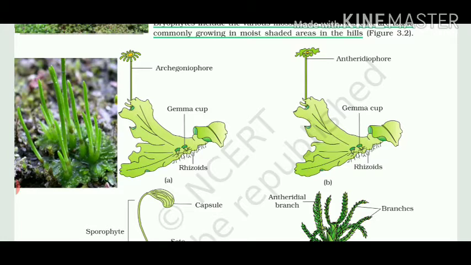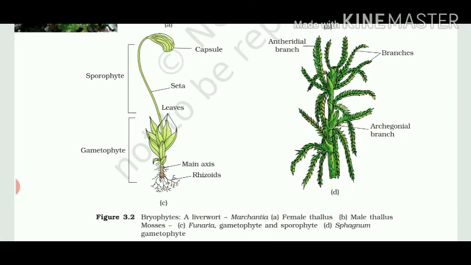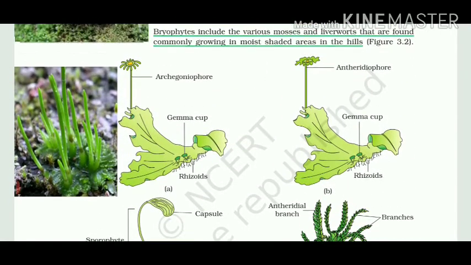The important characteristic feature that they have is a special structure called archegoniophore if it is present on the female thallus, and if it is present on the male thallus, then we call it antheridiophore.